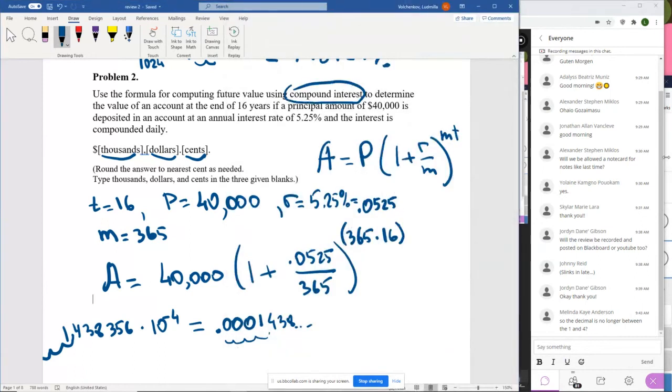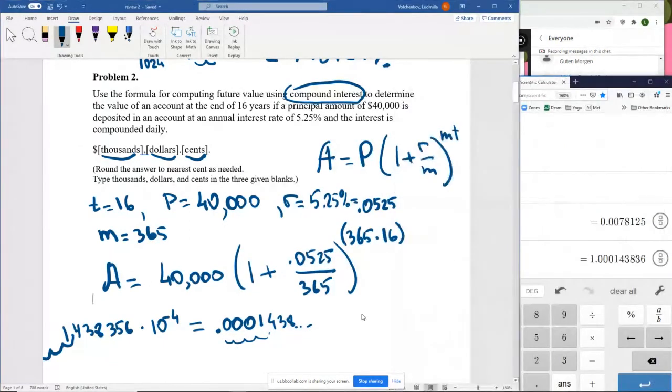The decimal point is here in front of 1. This negative 4 shows how many zeros.